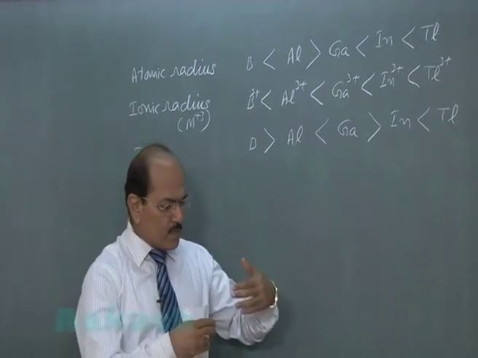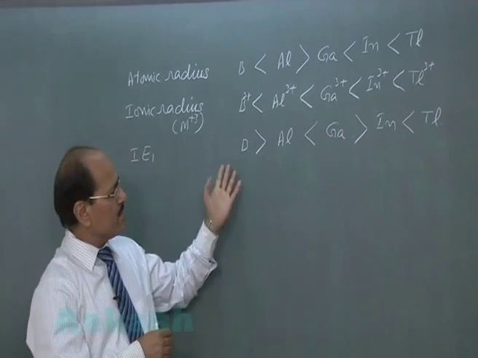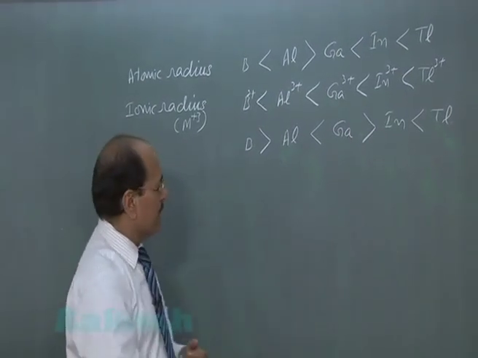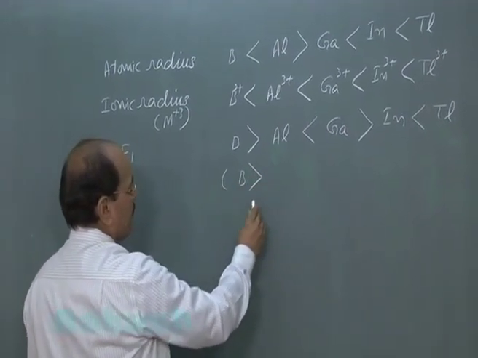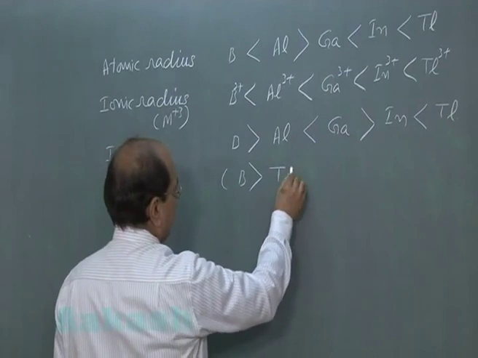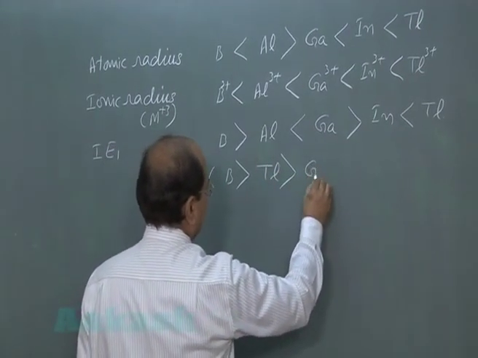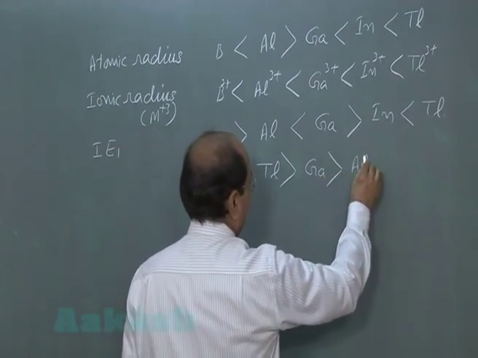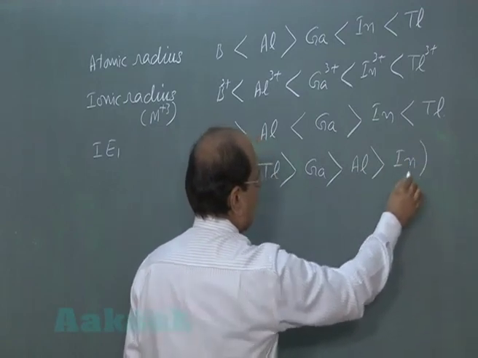So you see the variation of ionization energy for group 13 elements is zigzag. The actual trend is boron, followed by thallium, followed by gallium, followed by aluminium, followed by indium.